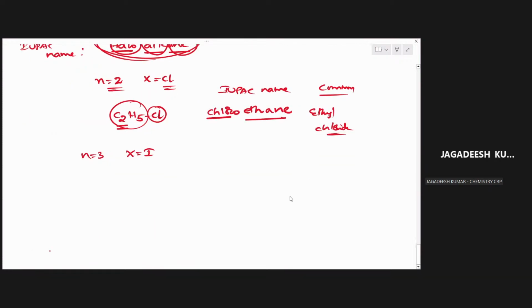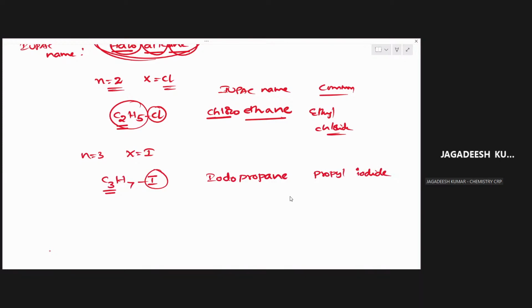You can substitute: C3, 2n plus 1, 2 into 3 plus 1, 6 plus 1, 7, and X is iodine. So here, the IUPAC name: halo means iodine, iodo. 3 carbons, prop, ane, iodopropane. And the common name is simply propyl iodide.